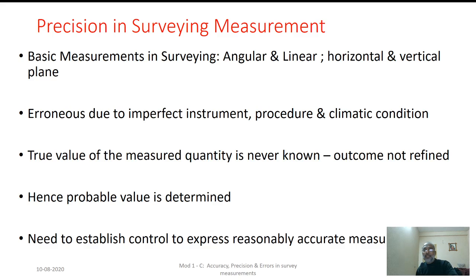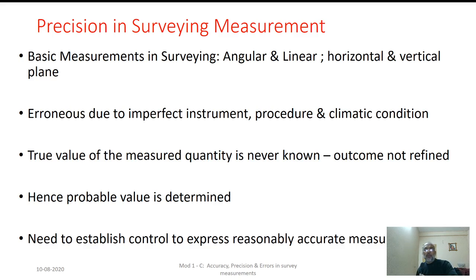But this process does not have any limit. The way you go on extending the refinement, you will be reaching closer to the true value, but you will never be at the true value as such. As this true value is not known, mostly we try to predict the most probable true value, and accordingly the measured value is corrected for the probable errors, and it is expressed as the most probable value.